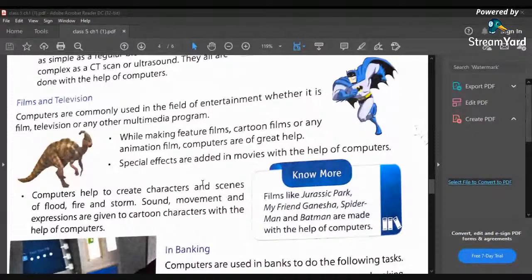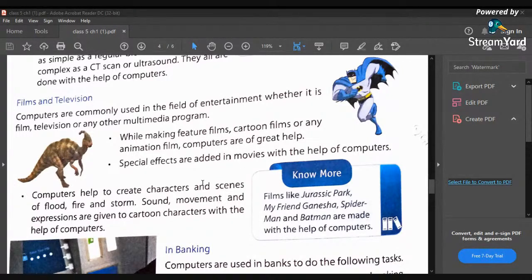Now we discuss computers in film or television. Computers are commonly used in the field of entertainment, whether it is film, television or any other multimedia programs.